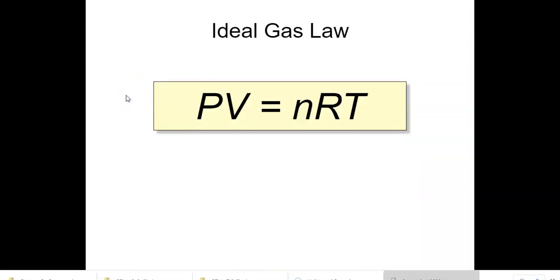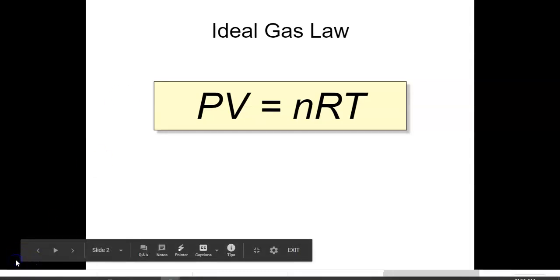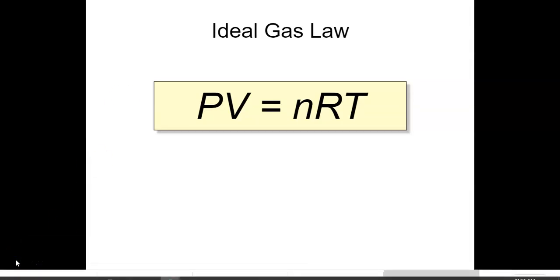So the ideal gas law is PV equals nRT. And we have actually looked at 4 of the variables. P being pressure, V being volume, T being temperature. We saw all of those in our combined law and the offshoots of it. We looked at n, which was the amount, our number of moles, when we looked at our variables.